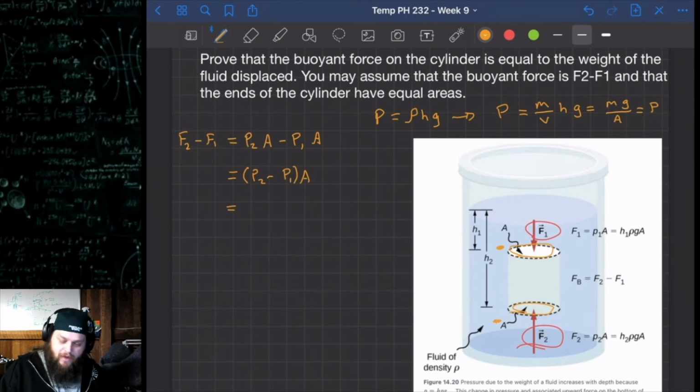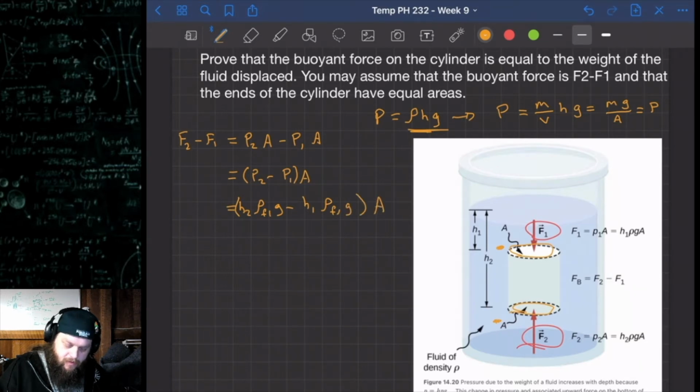So here I'm going to substitute this value in for pressure. So that's going to be the height at 2, the density of the fluid, which is going to be constant throughout the whole thing, times gravity, minus the height at 1, the density of the fluid, times gravity.